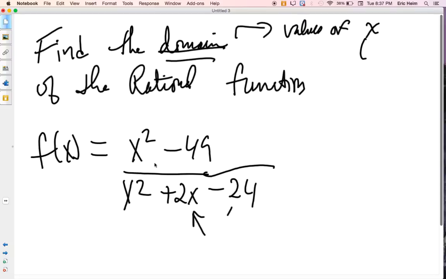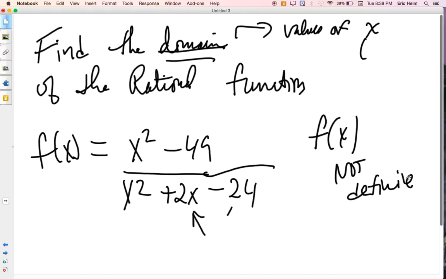In other words, are there some values of x that if you put them into this equation, f of x is not defined, has no meaning? And usually that's going to happen when you're trying to divide by 0, right? You know you're not allowed to divide by 0, right? So are there any values of x that would result in dividing by 0?